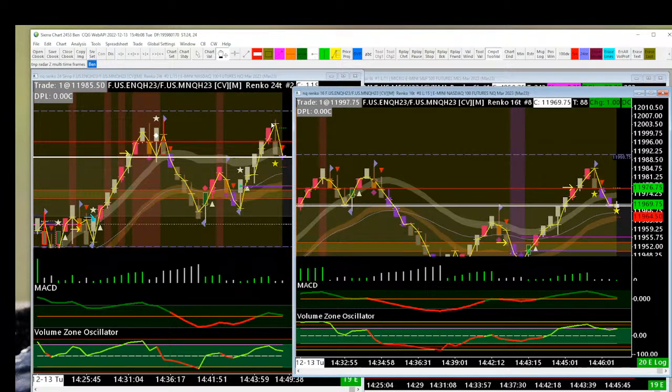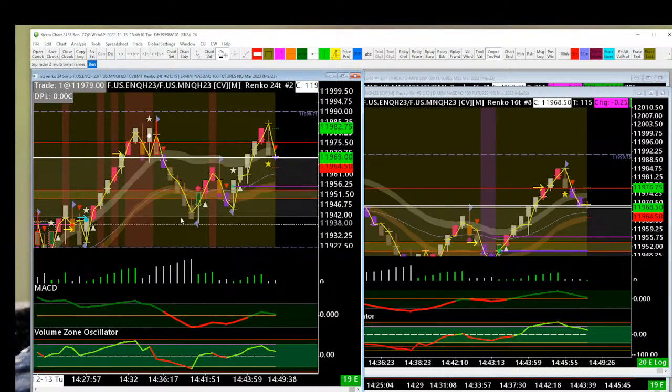Wow, pink bar star down. That's a short. That's not what I expected. They got all the way up here and rejected it. But they got a bar above it though. I don't know. This is weird. This is definitely weird.